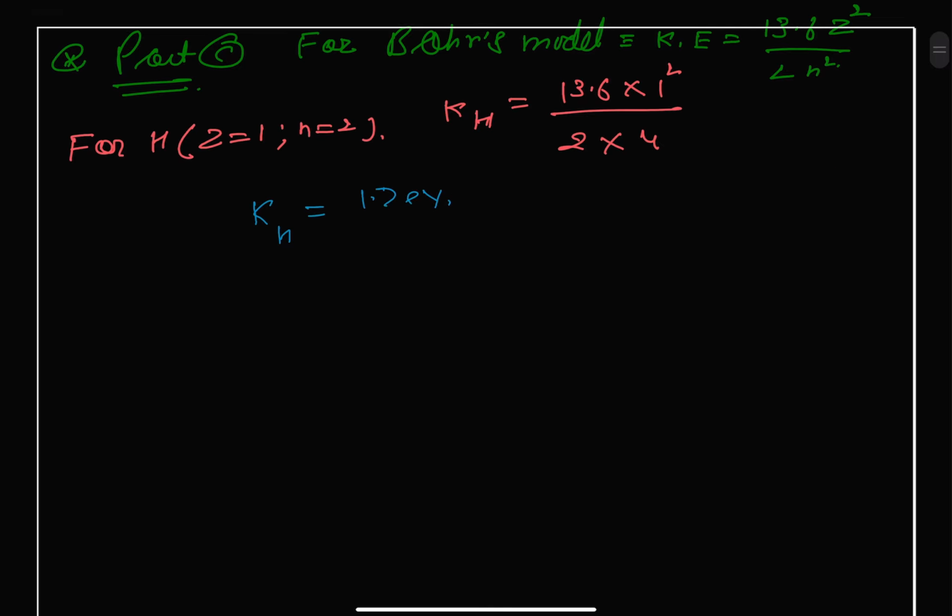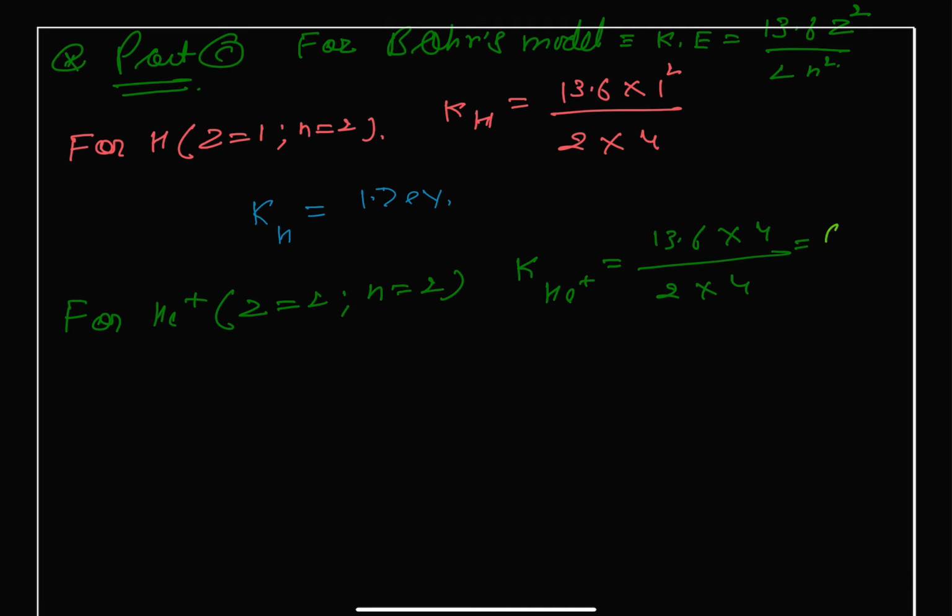Similarly, we write for our helium ion. For He positive, the value of Z is equal to 2 and the value of n is also equal to 2. So kinetic energy for helium ion will be equal to 13.6 multiplied by 2 square, that is 4, divided by 2 multiplied by 4, and this comes as 6.8 electron volt. Now simply we can find their ratio.